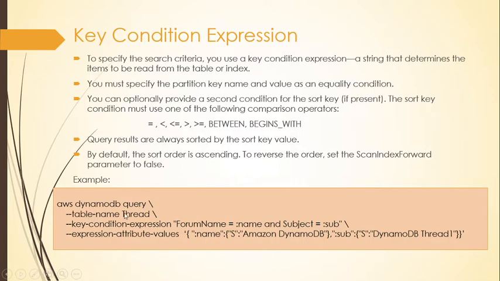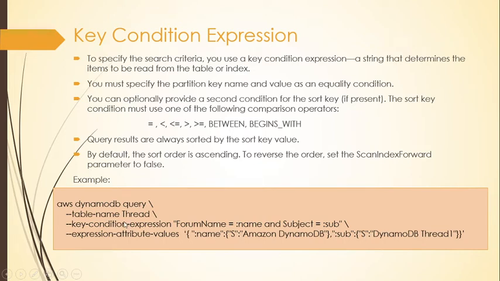So this is an example of a query. It is a simple DynamoDB query with the table name Thread, and the key condition expression is ForumName equals to :name and Subject equals to :sub. Expression attribute values are :name, which is of type string, Amazon DynamoDB, and :sub, whose value is DynamoDB Thread 1, and its data type is string.